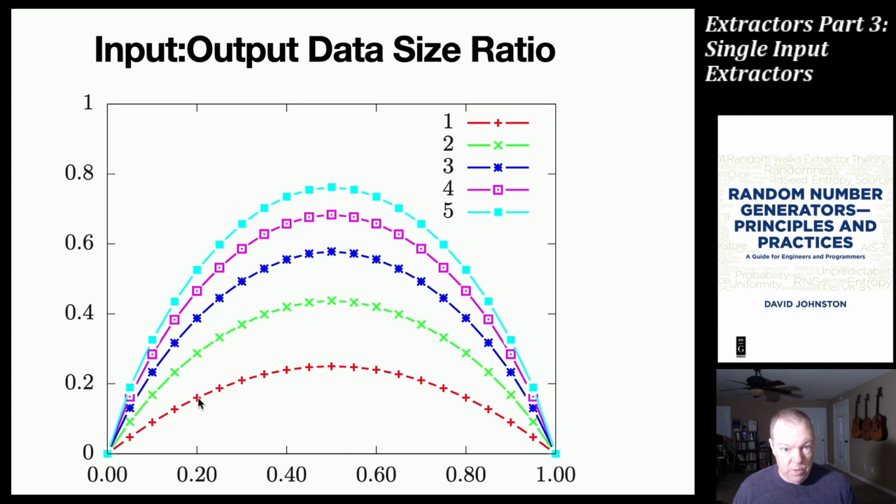And we see that with one iteration, we get about 20% of the data out for perfect input data, and less as you get less perfect. But if you iterate twice, you get quite a lot more data out. You're up to 0.4. 3 times you're up to 0.55-ish, and so on, and it goes up.